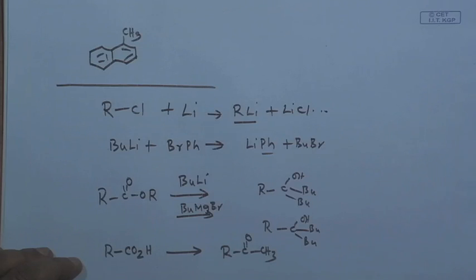Very good. So, what is the secret? The secret is that after the addition of one equivalent of methyl lithium, the intermediate becomes stable because of the internal coordination, or the chelation, you can say. So, these are the properties that make the difference in the reactivity.